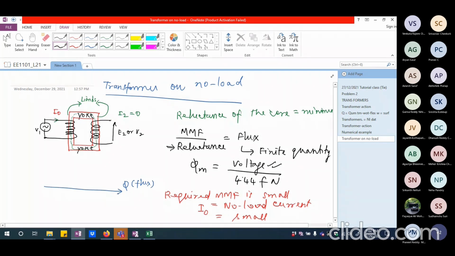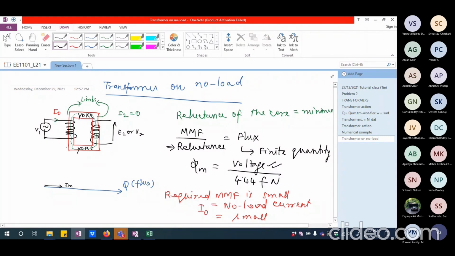The magnetizing current is the current which is needed for establishing the flux, so I'm going to show this as IM. This current definitely will be inductive, because every time you talk about flux and reluctance, it is all about inductance. Because it is an inductive current, it will lag the voltage by 90 degrees.